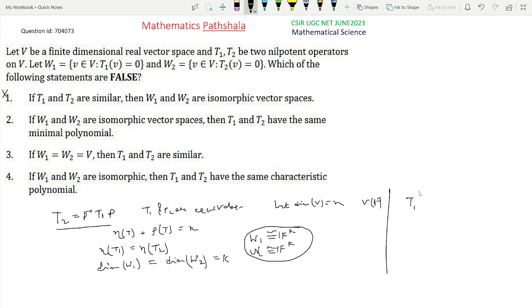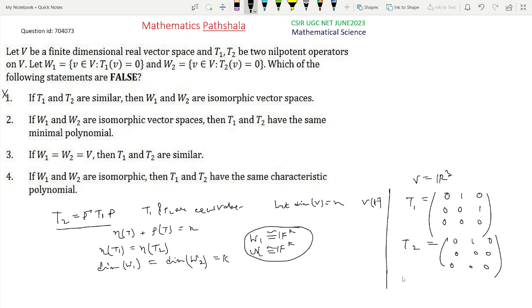Suppose we take V equal to R3 and T1 equal to the matrix with rows 0, 1, 0; 0, 0, 1; 0, 0, 0, and T2 is defined by the matrix with rows 0, 1, 0; 0, 0, 0; 0, 0, 0. Now see here T1 and T2 both are nilpotent, very clear.